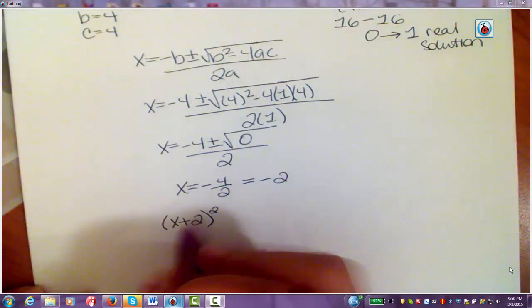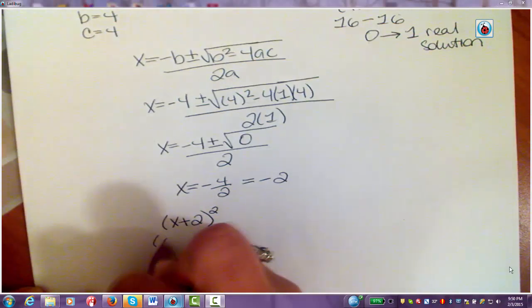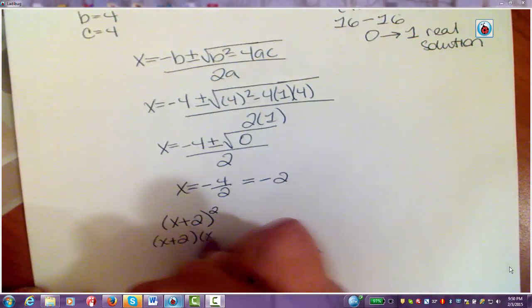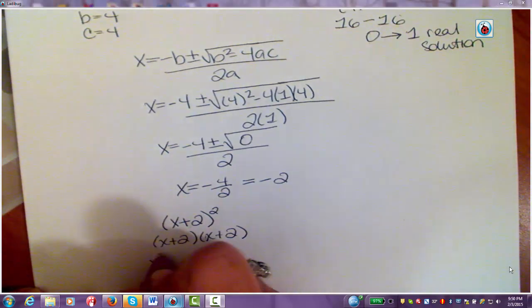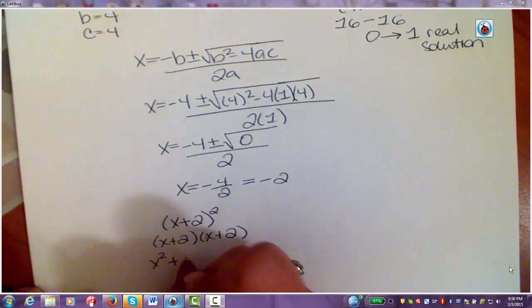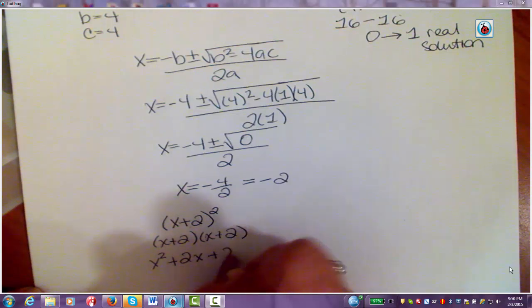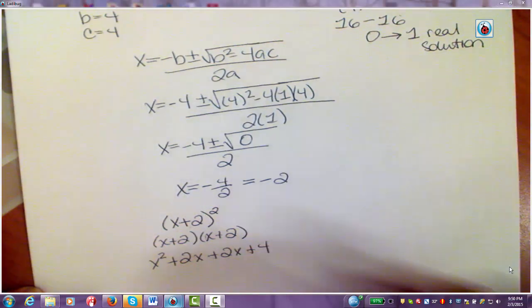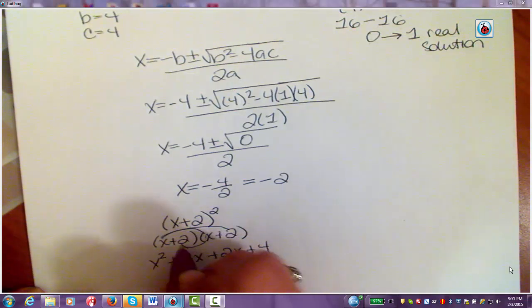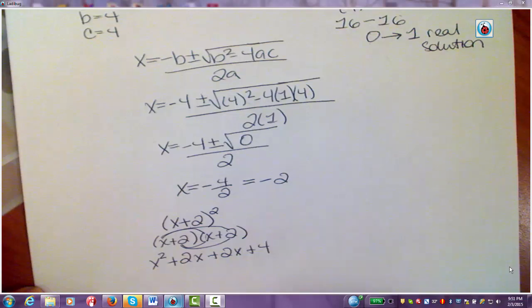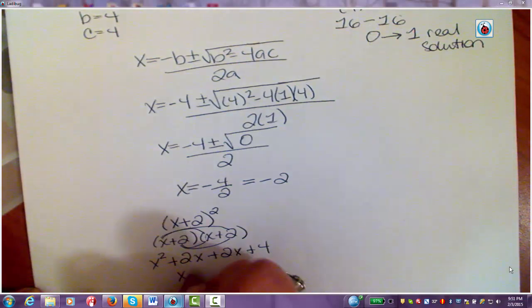So then if you multiply this out, double distribute, you get x squared plus 2x plus 2x plus 4. Remember, double distribute. So then combine like terms. So x squared plus 4x plus 4.